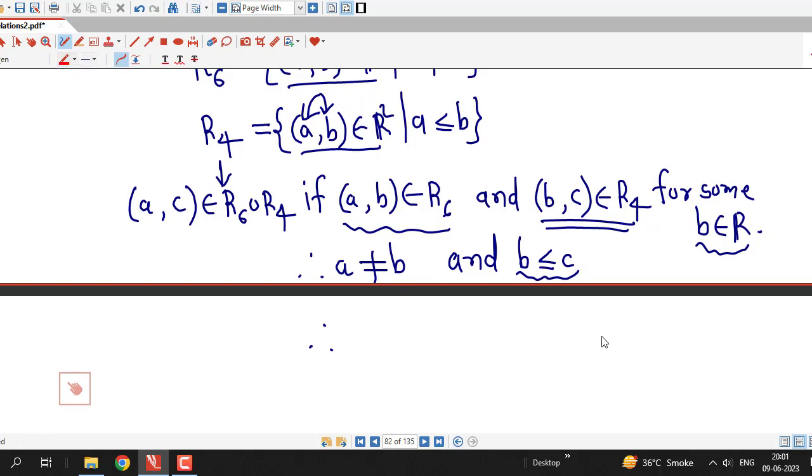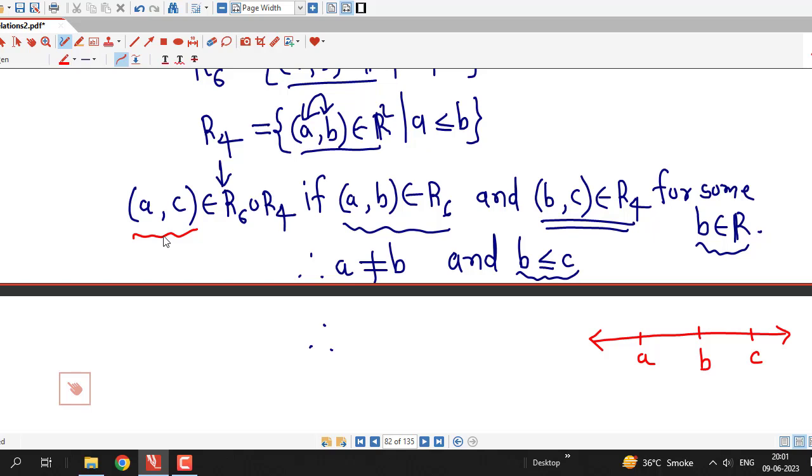We can think on the real line also. Suppose I consider a and c here, and suppose b is somewhere here. Is it possible, for any ordered pair (a, c), to find b such that a is not equal to b and b is less than or equal to c?